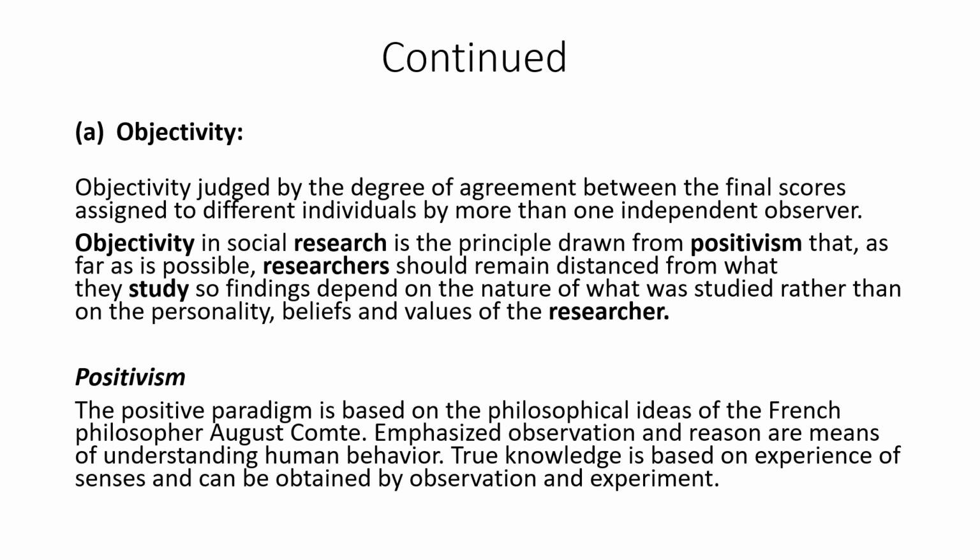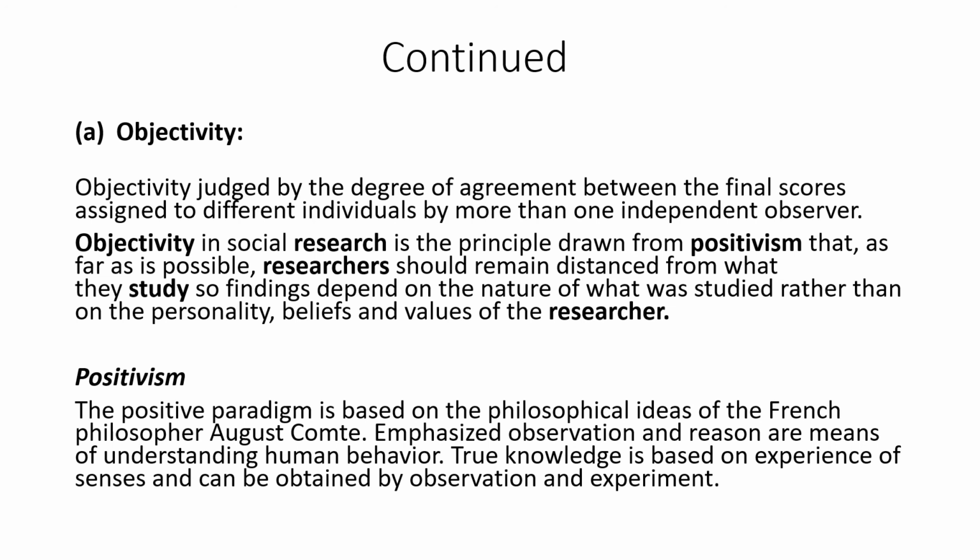Objectivity is judged by the degree of agreement between the final scores assigned to different individuals by more than one independent observer. It means that apart from the researcher, there must be some other persons who have done the task of scoring the different Likert scales or different tests.